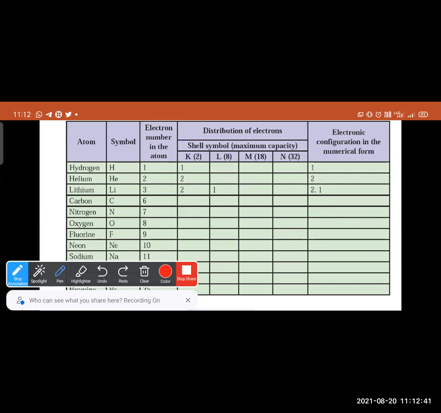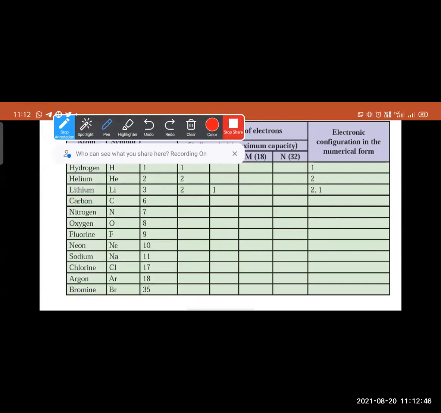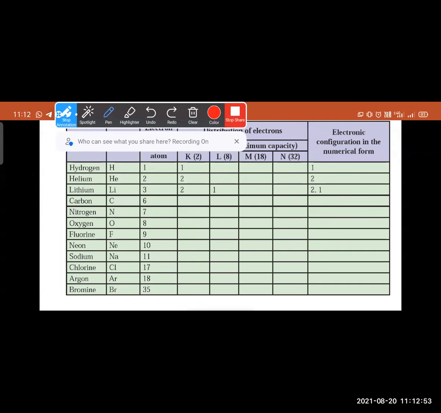The next element is oxygen, and oxygen's atomic number is 8. The first shell will have 2 electrons and the remaining 6 electrons will be placed in the second shell. So its electronic configuration will be 2, 6. In this way, electronic configuration is made.